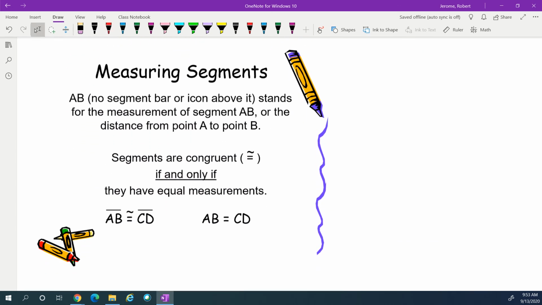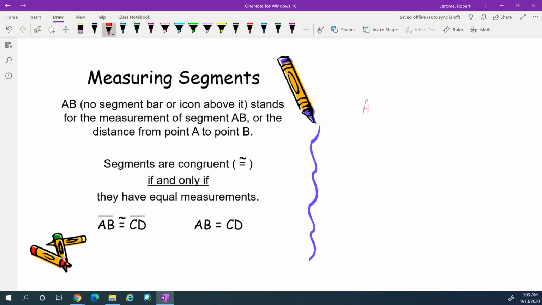So measuring segments, first thing to understand is the way, again, stressing the way we write things in geometry makes a big difference. If we have a segment named AB with the bar above it, we're just naming it.